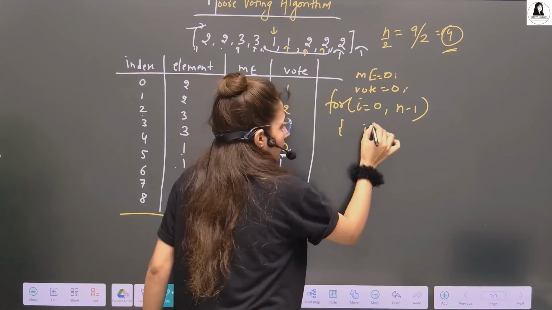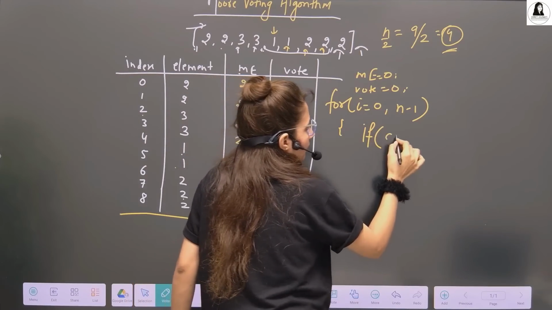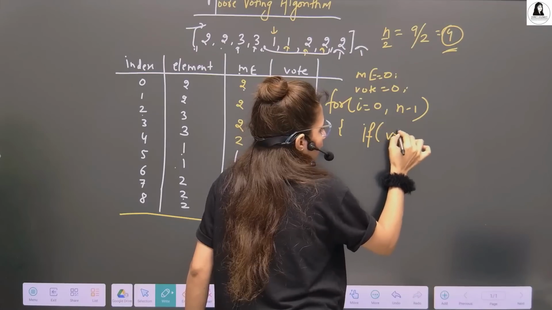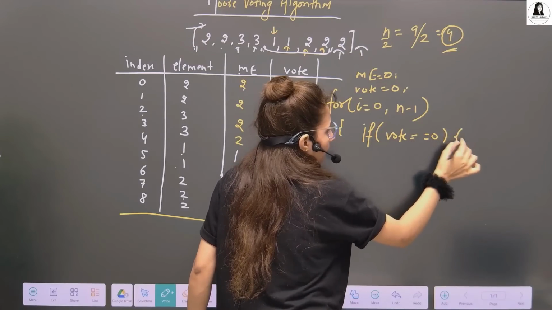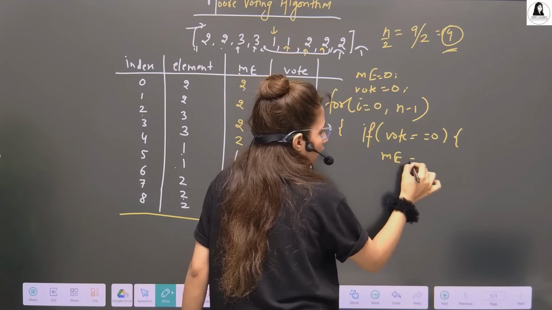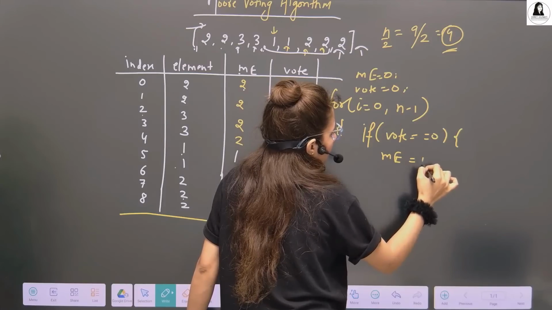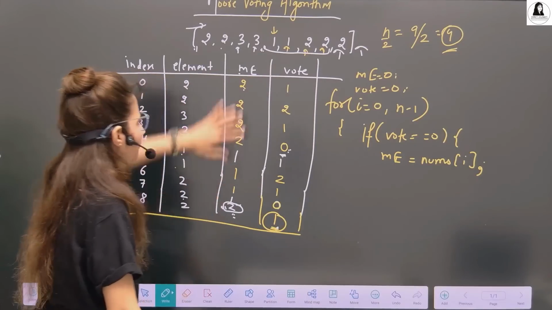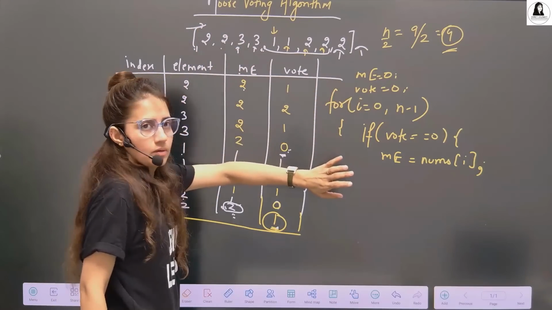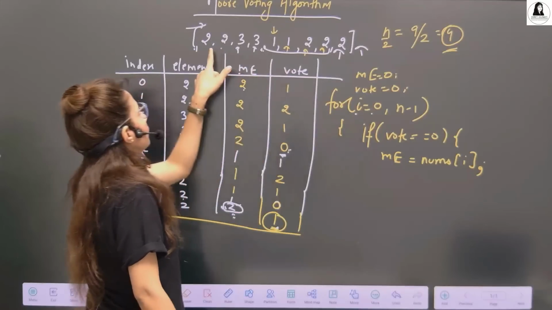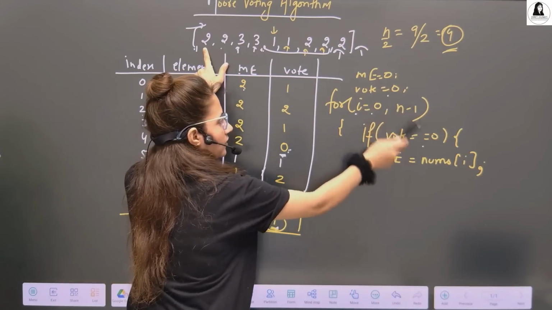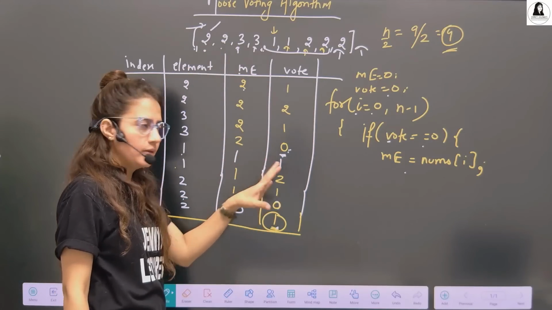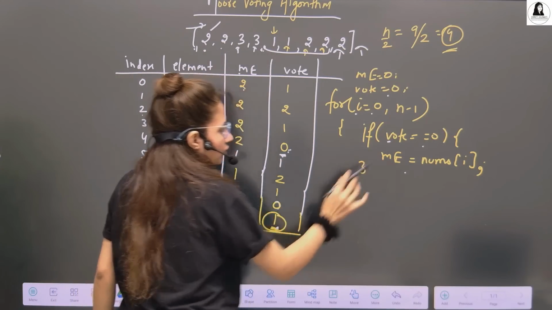So if vote equal to 0, then only majority element would be nums of i. At first the vote is 0, so when i is equal to 0, it's 2. The first element would be the majority element. It will be applicable in every case.